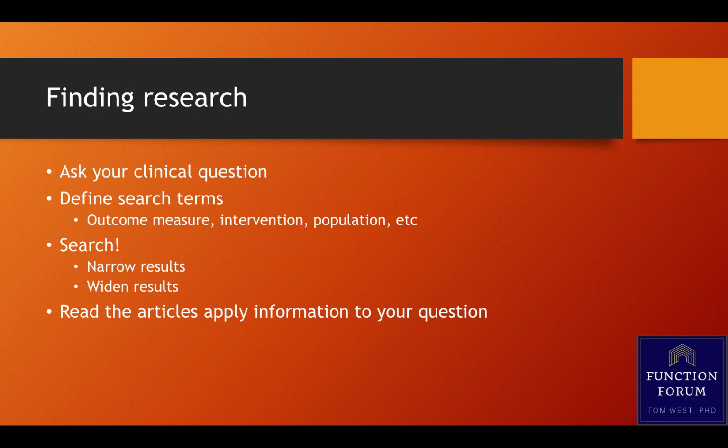Your intervention would be warm-up, or you may want to actually search static and dynamic warm-up as search terms. And then you may also want to include a population if that helps you limit your results to a specific group.